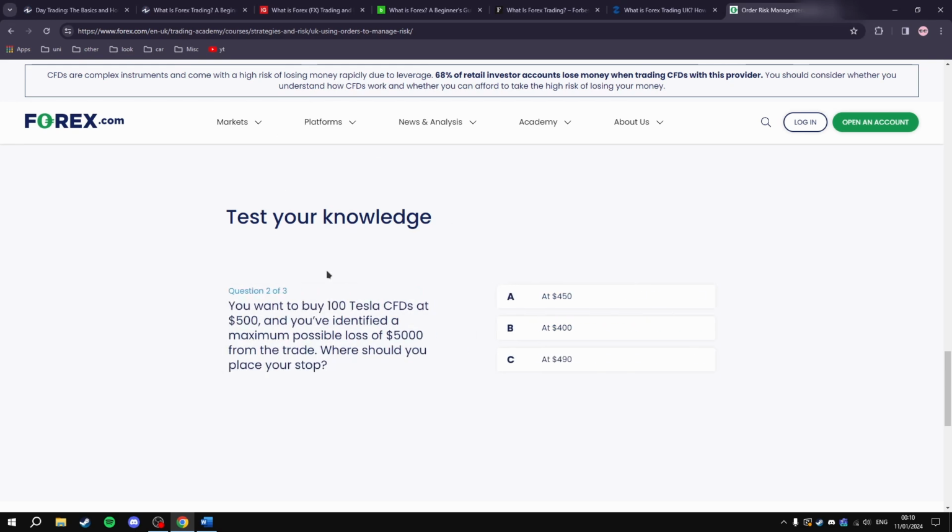Okay. You want to buy 100 Tesla CFDs at $500 and you've identified a maximum possible loss of 5,000 from the trade. Where should you price your stop? 100 Teslas. A maximum possible loss of 5,000 from the trade.